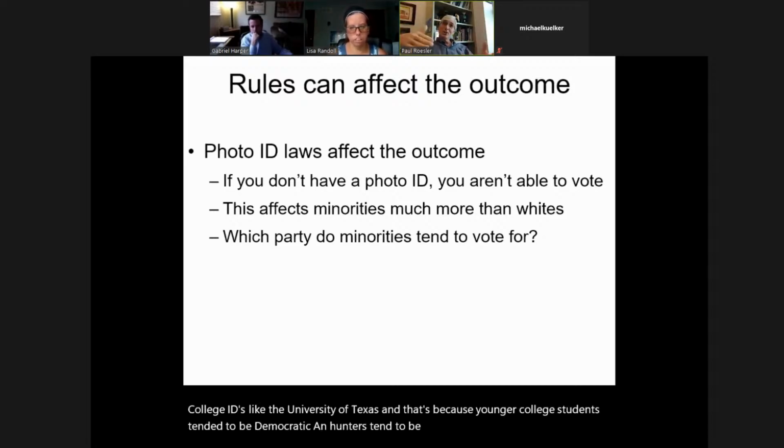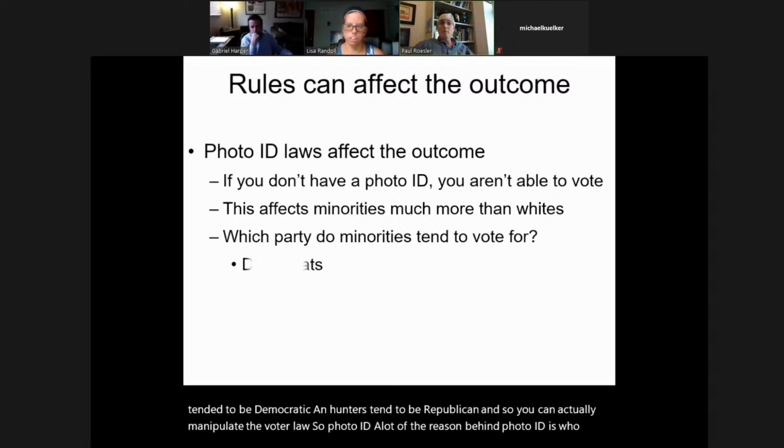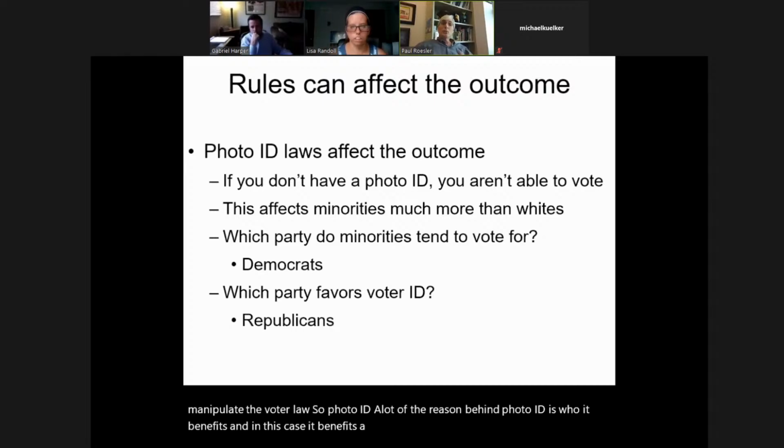And so you can actually manipulate the voter laws. So a lot of the reason behind photo ID is who it benefits. And in this case, it benefits the Republican Party. People who live in cities, people who are poorer, people who are minorities are less likely to have photo ID driver's licenses.